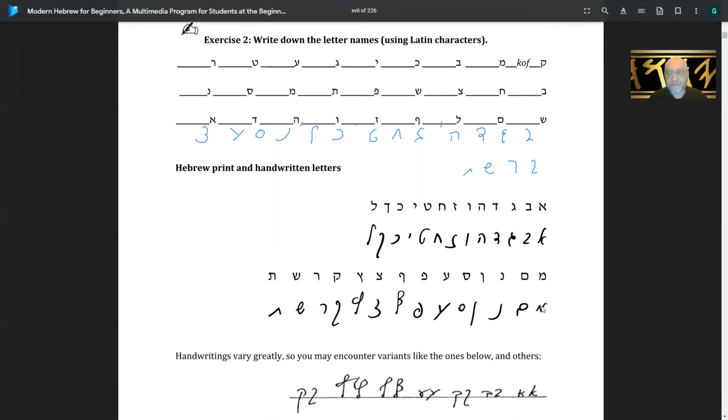This is Noon. There's the Samek. There's the Ayin. And I think they did the Fe, and the next one was Zadi, and then Kof, Resh, Sheen, Tav. All right. I think that's probably good enough.